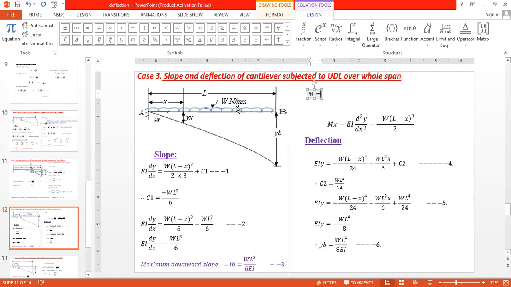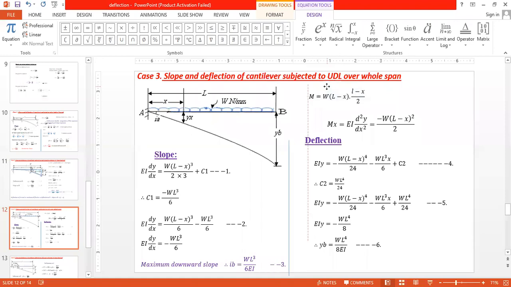W is the intensity of the load, and the total load from x to B is W into L minus x, with its line of action at L minus x divided by 2. This is not a new concept for you. It is the bending moment at x.